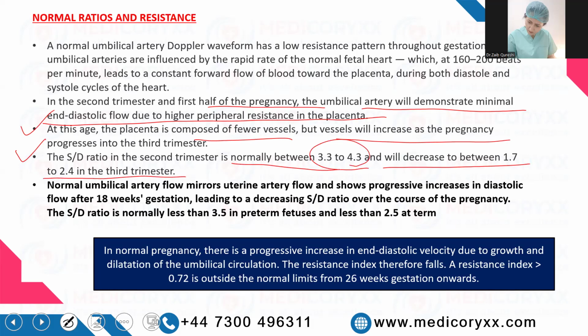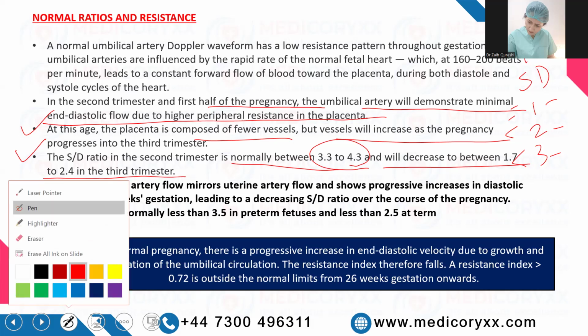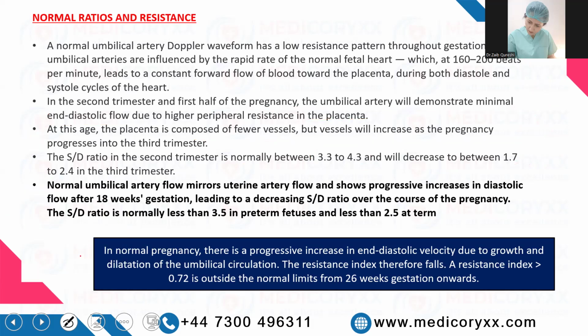Normally we take the ST ratio as less than 3 in the second and less than 2 in the third trimester. Okay, because if the ST ratio is less, it means flow is good with the advancing gestation.